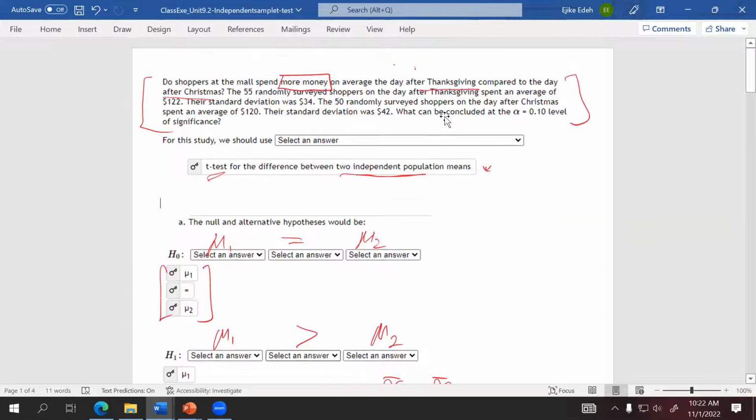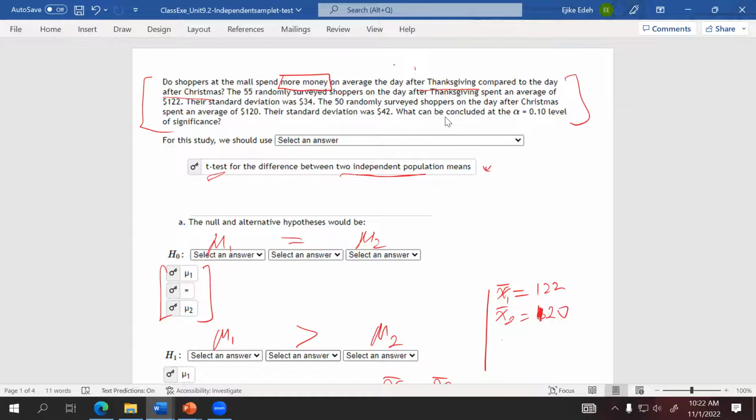From this question, we have the sample mean for group 1 is 122, and the sample mean for group 2 is 120.